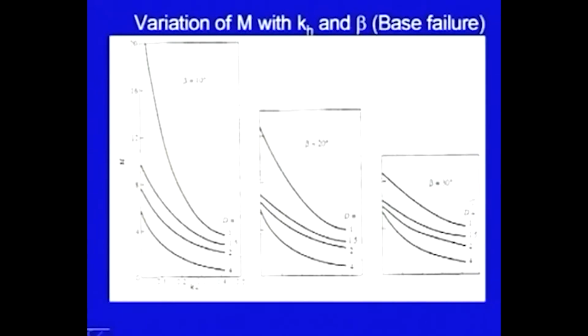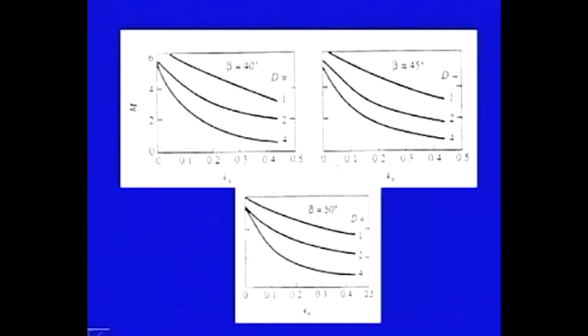The second chart is for beta equal to 20 degree, then beta equal to 30 degree, and then beta equal to 40 degree, 45 degree and 50 degree. On x axis you always have Kh, y axis m, and there are different curves for different d values. So, for intermediate values you can do the interpolation.